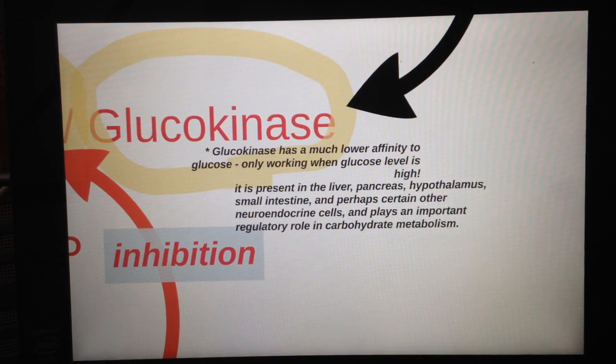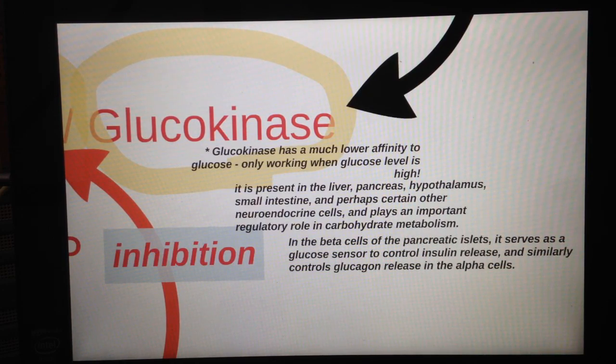It is present in the liver, pancreas, hypothalamus, small intestine, and perhaps certain other neuroendocrine cells, and plays an important regulatory role in carbohydrate metabolism. In the beta cells of the pancreatic islets, it serves as a glucose sensor to control insulin release, and similarly controls glucagon release in the alpha cells. So it's sort of like a sensor as well.